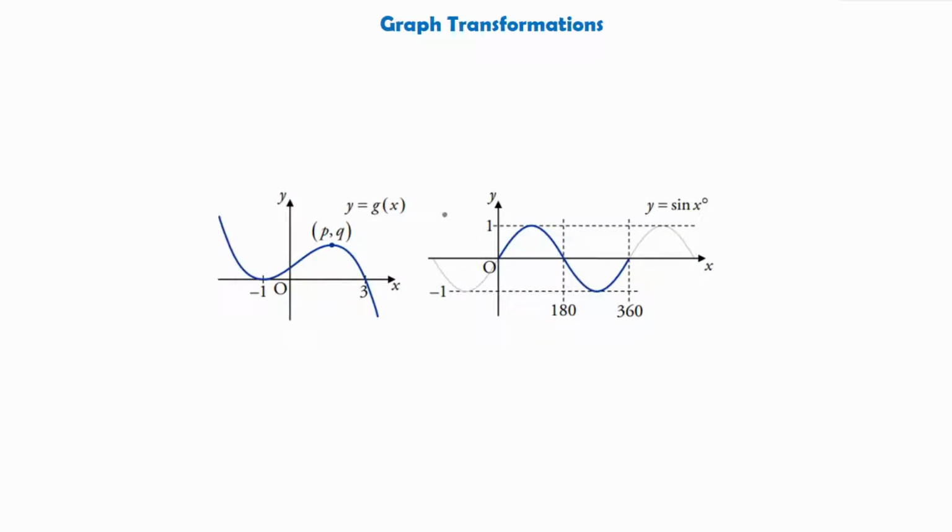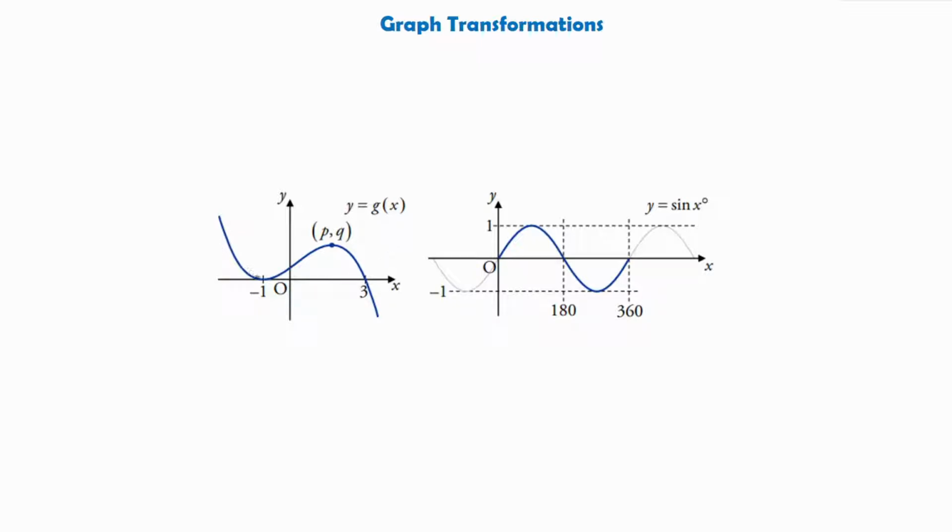So I'm going to start off this video by explaining to you what a graph transformation is. Now, throughout the topic on functions and graphs, we have talked about functions, for example, g of x, and we have talked about what the graph of particular functions might look like.